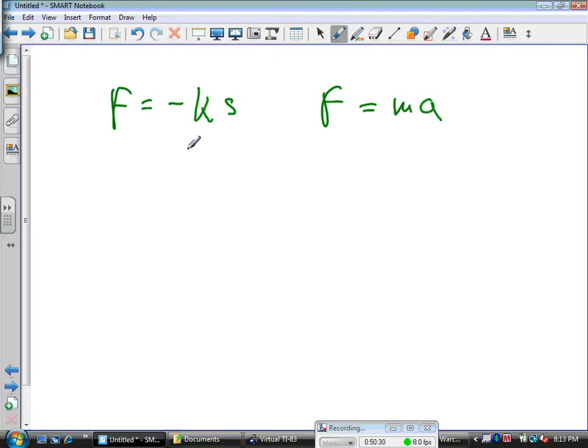All right, so what if I say that they're equal? Okay. Well, remember that the acceleration is the second derivative of the displacement. So then we just come up with a second order differential equation, usually written this way.